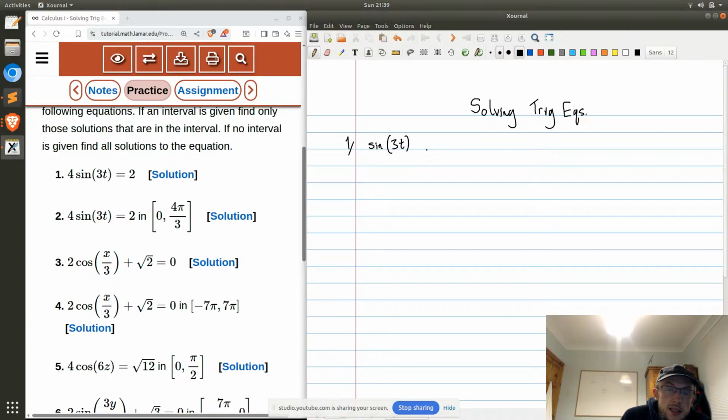So immediately I turned it into sine of 3t equals 2 equals a half. I recognize that, I know that sine of 30 degrees is a half.